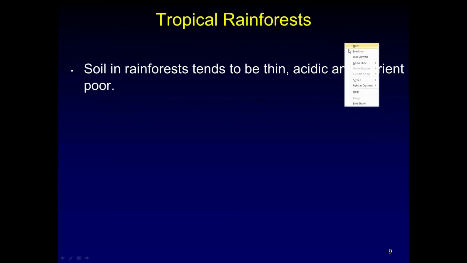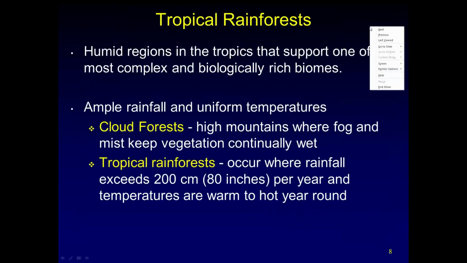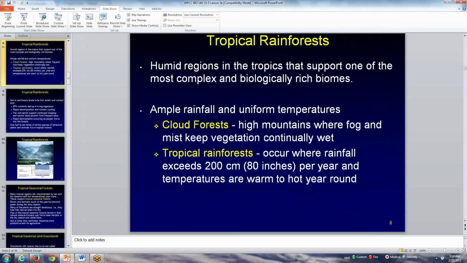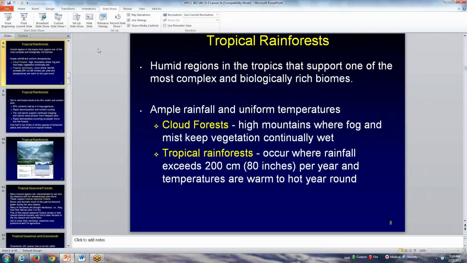Let me back up here, folks. I don't do a good job of multitasking, guys. Let me find my pointer. Let's see what happened to the pointer here. There we go.